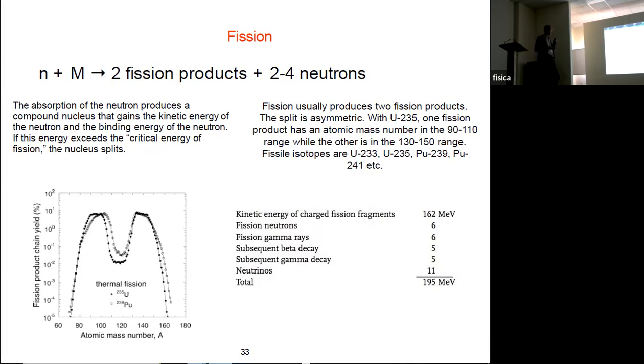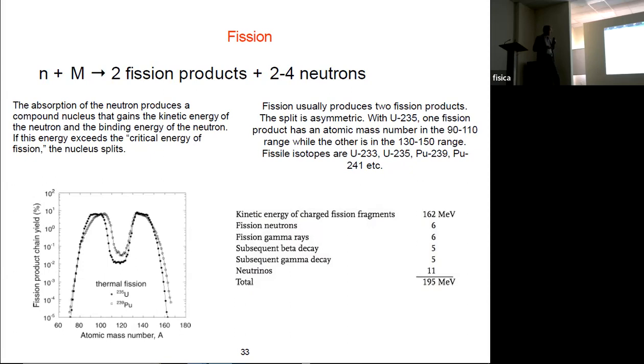In this reaction, almost all kinetic energy is released in the form of fission fragments, about 160 MeV, and fission neutrons get 6 MeV, gammas 6 MeV, because we have sometimes excited fission fragments, which give rise to gamma rays.